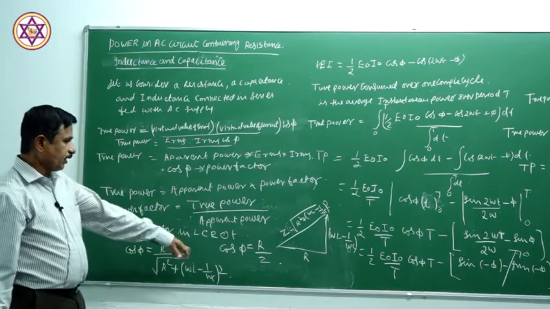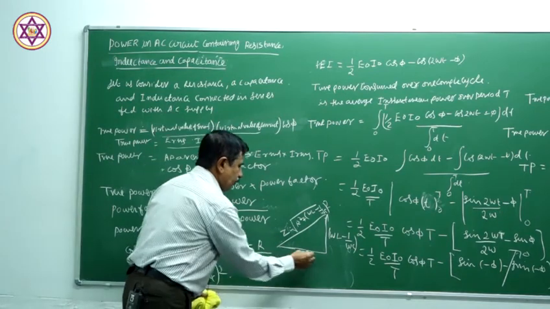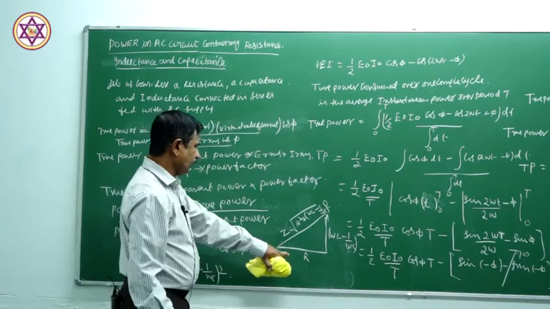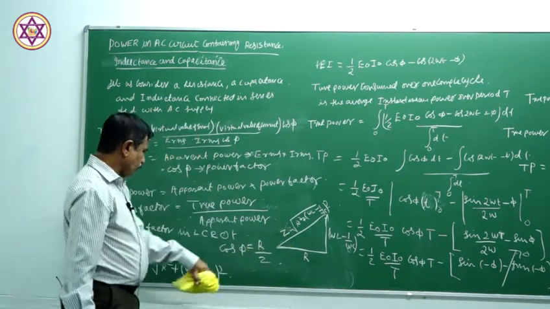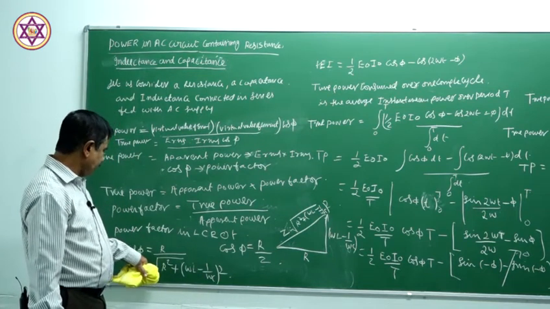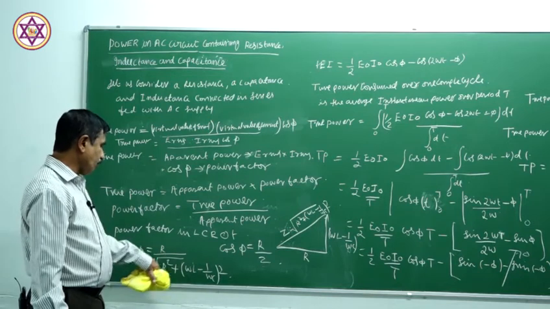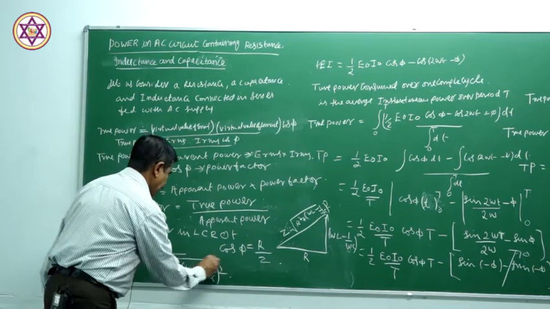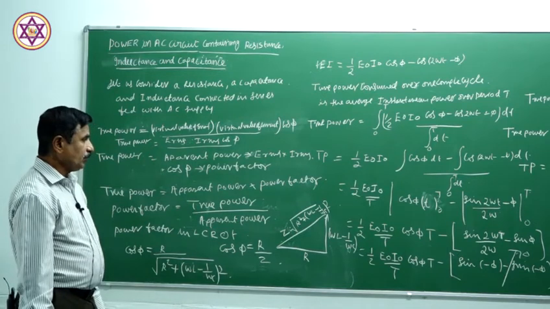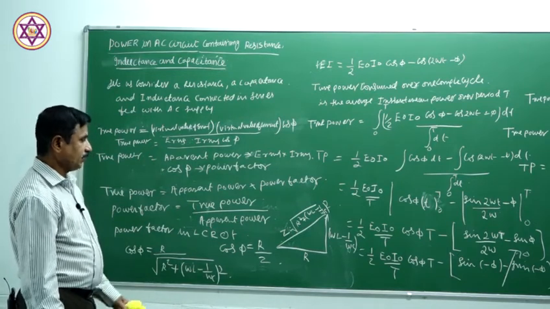Here, since cos phi is adjacent side by hypotenuse, that is R by Z.